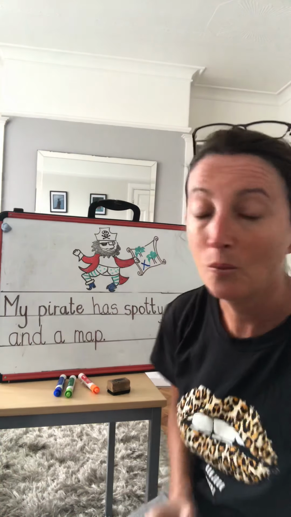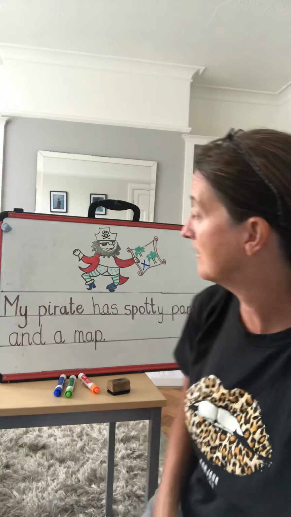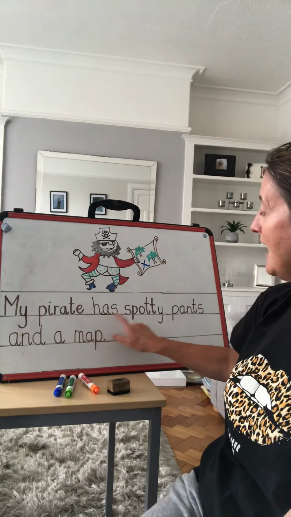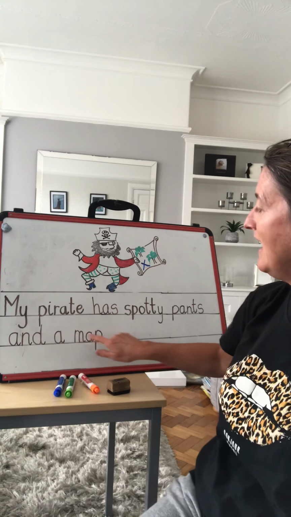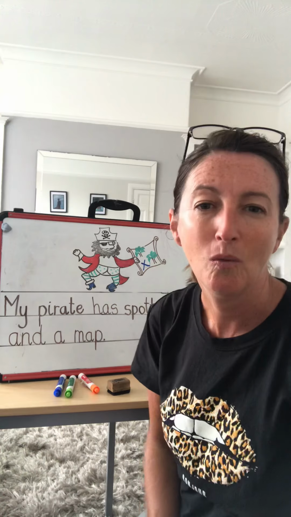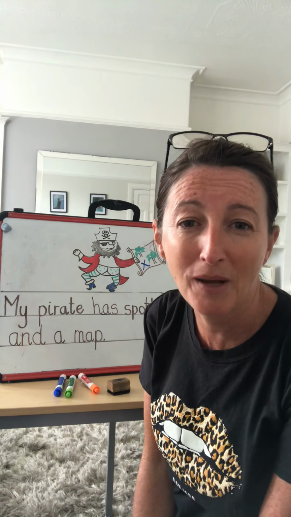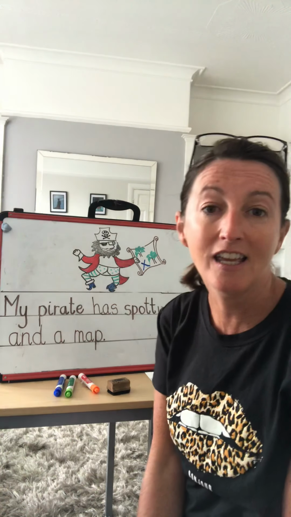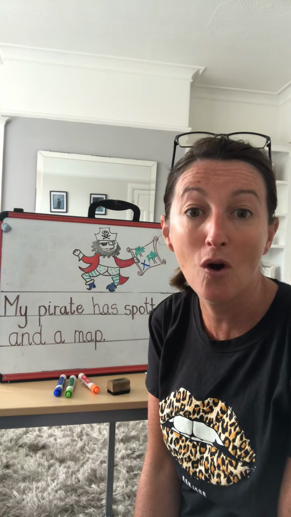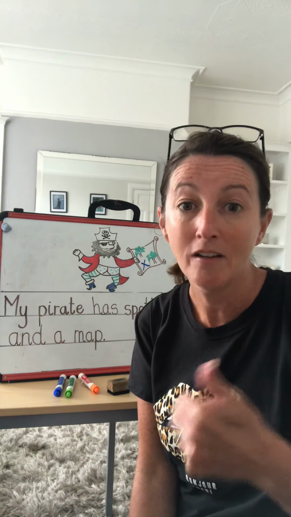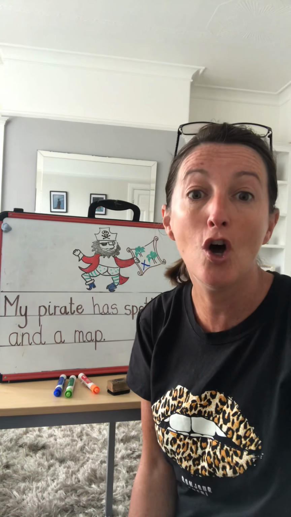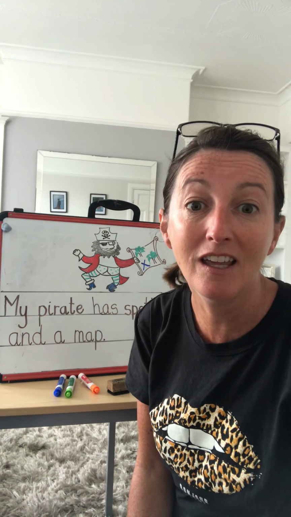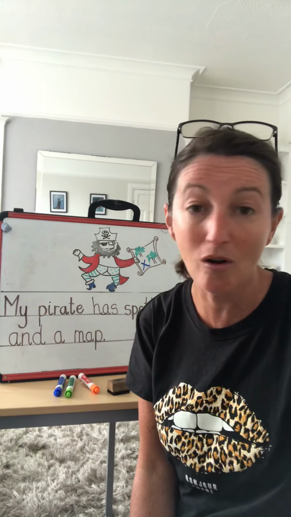Now, we could even make it more interesting. So our sentence says, my pirate has spotty pants and a map. Now, what else could we write about the pirate? We could say, he is looking for gold. You can spell that, you know all the sounds.